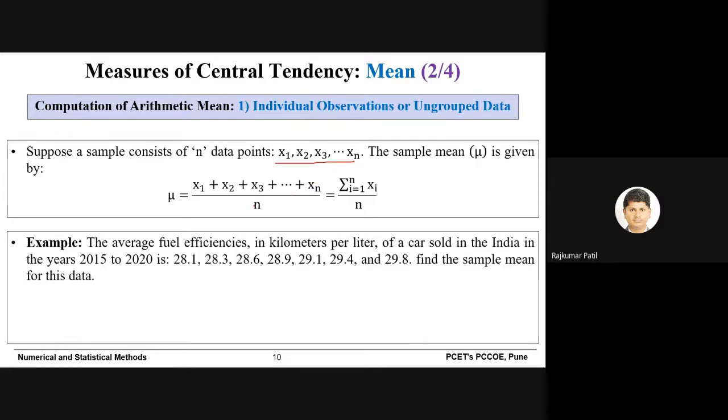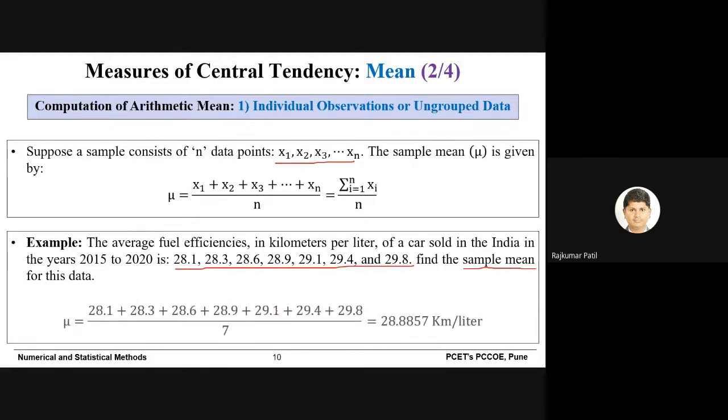For example, these are the data points given to us, and you are asked to find the sample mean. Simply we take the arithmetic sum, and it is divided by the total number of data points. In this case 1, 2, 3, 4, 5, 6, 7, so 7 data points. So sum divided by number of data points. So the answer is 28.8857 kilometer per liter.